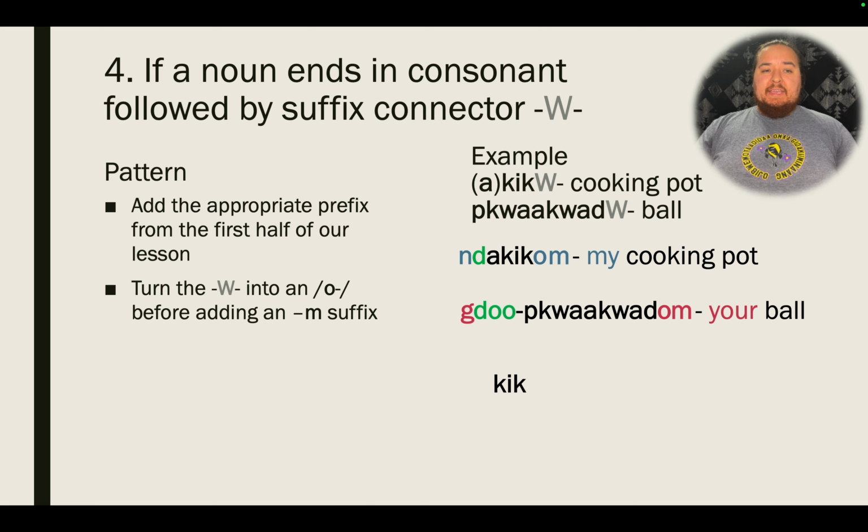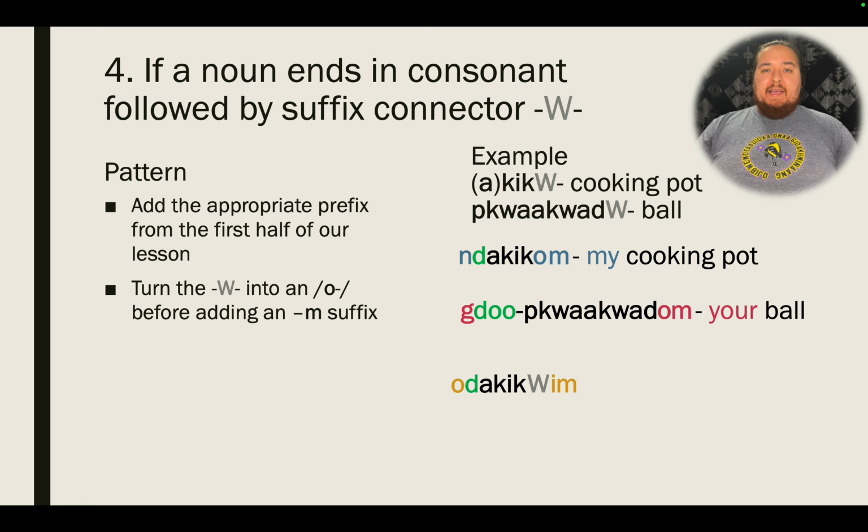Next, we're going to use kick again for our third person example. So we'll bring back our short vowel sound that we de-stress usually, that A sound in front. Because it starts with a vowel sound, bring our D prefix, and we're going to use our O prefix for our personal pronoun. Bring back our suffix connector, attach the I am suffix.